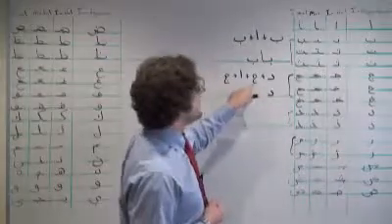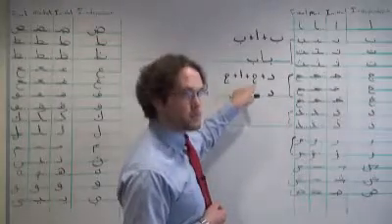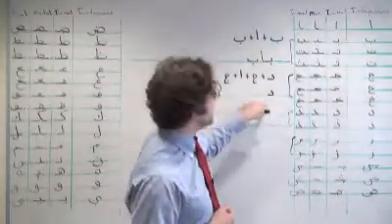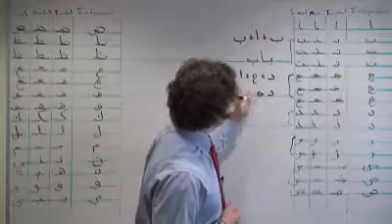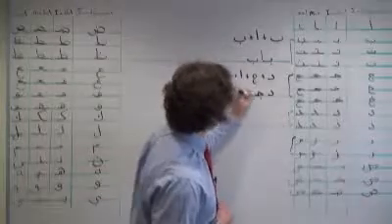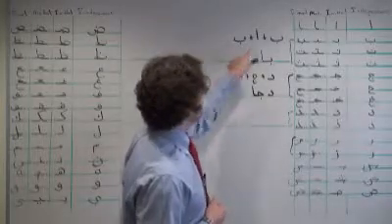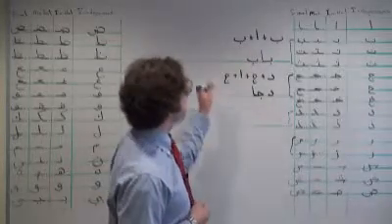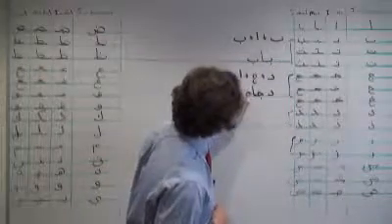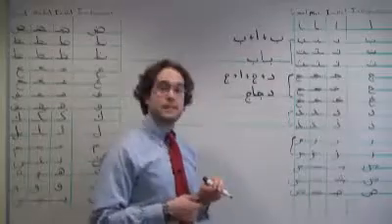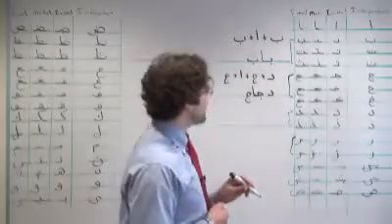Standalone dal, so we're going to start with the initial form of jim here, even though it's in the middle of the word, because it can't connect with dal. Jim connects to alif, which, as we saw before, doesn't connect with the letter that follows. So once again, we use the standalone form of jim. Dajaj, which means chicken in Arabic.